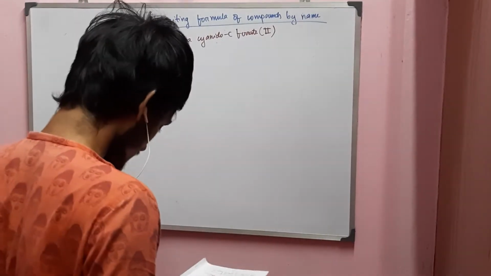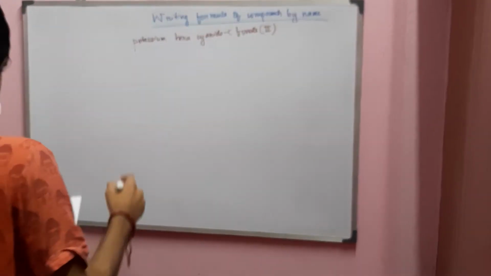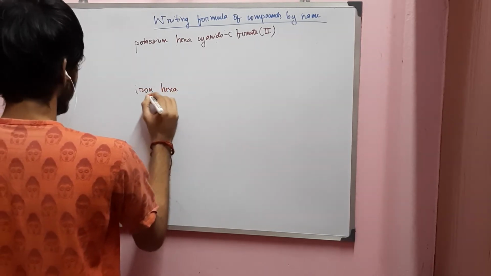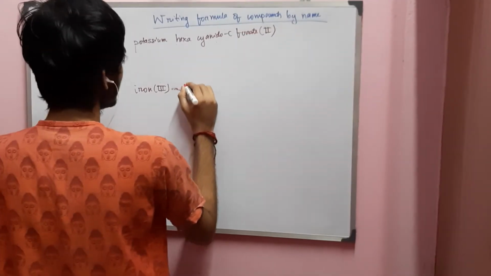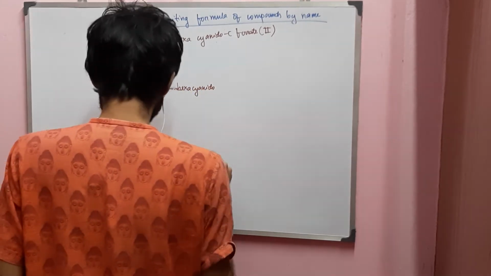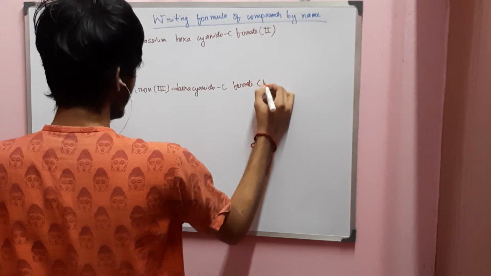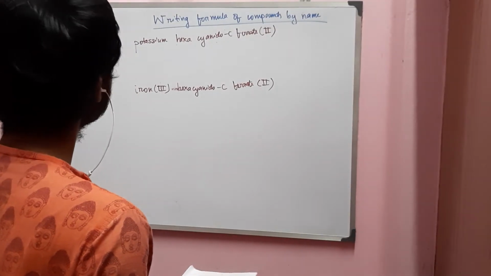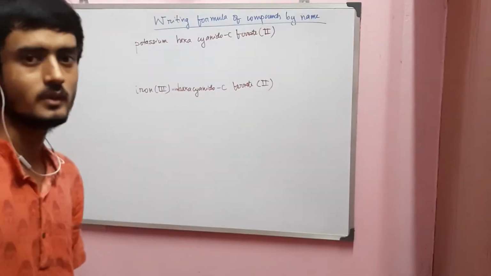This is our first example, and our second example is iron(III) hexacyanidoferrate(II). Try to name these compounds first, then I will be naming these compounds.